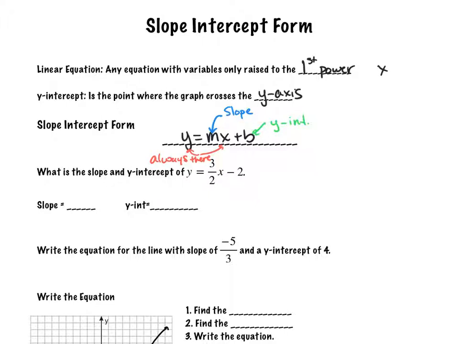So if I look at this equation, y equals 3/2 times x minus 2, and I just want to know what's the slope, what's the y-intercept, I'm going to look at it and say, well, my slope has to be with my x. So there's my slope. My slope is going to be 3/2. And then my y-intercept is what's attached to it, what's being added or subtracted.